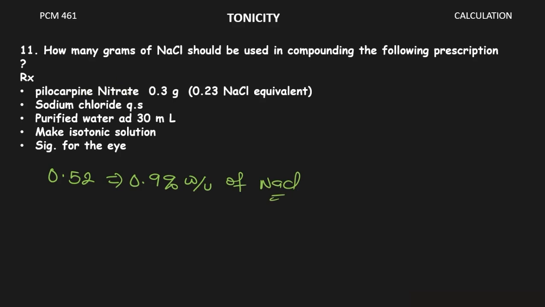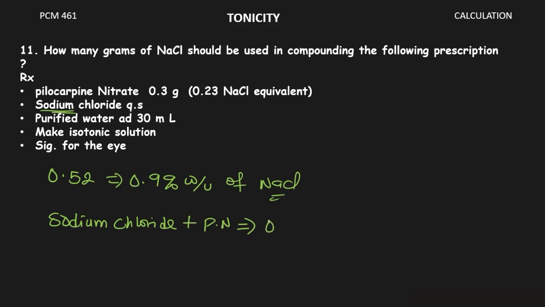You are using pilocarpine nitrate and sodium chloride. You are looking for the amount of sodium chloride you have to add. So we can say the amount of sodium chloride plus the amount of pilocarpine nitrate should be equal to normal saline, which is the tonicity that you need.